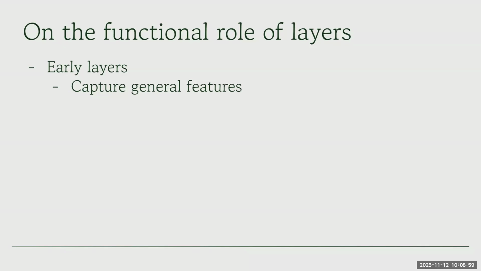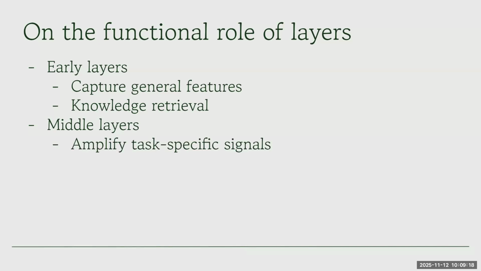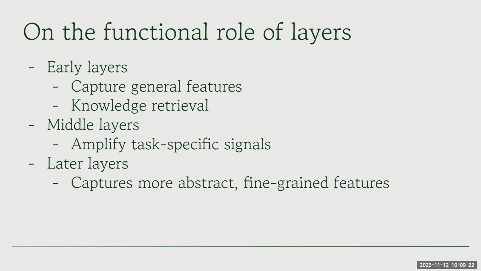But yeah, the functional role of layers: early layers, they're capturing general features. They are doing a lot of knowledge retrieval, picking up facts related to the entities or the task itself. Middle layers, they're amplifying task-specific signal. And late layers are capturing more fine-grained features.